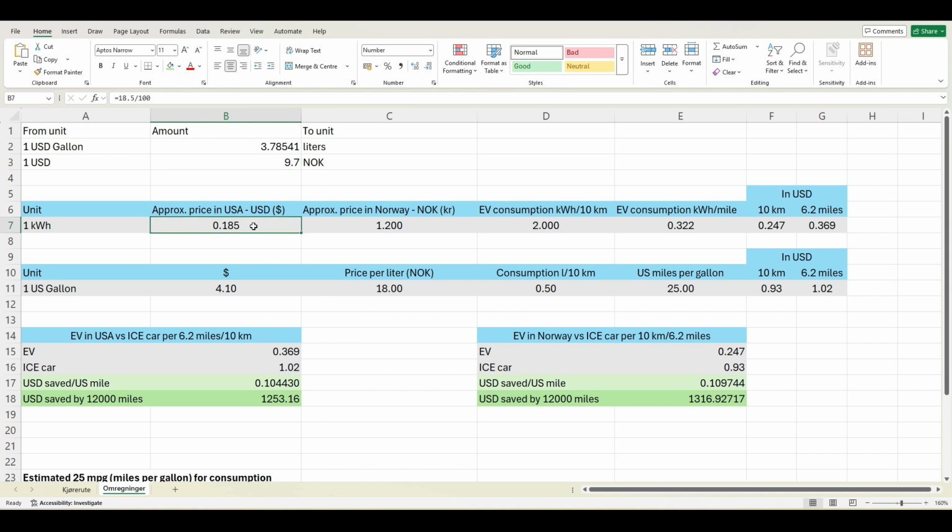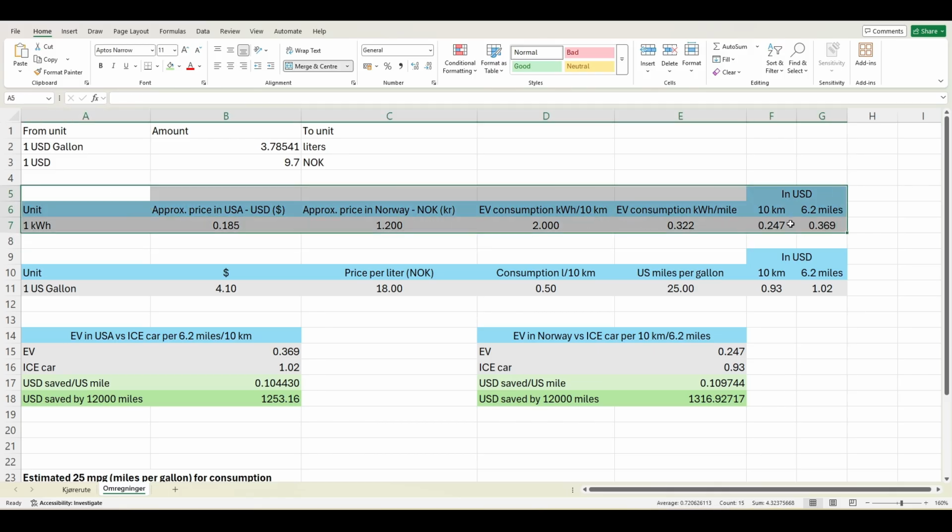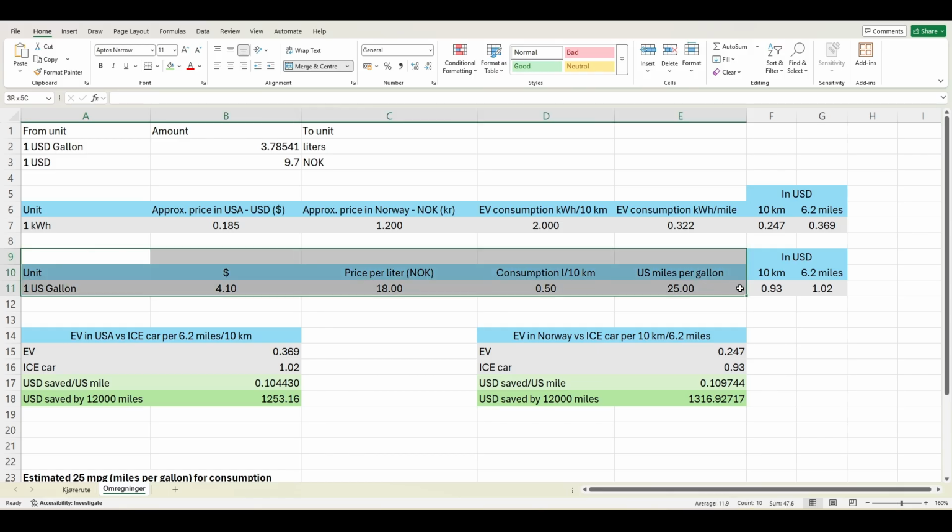So what I did here, first of all, I put the EV stuff in this table, or it's not really a table, but you get the idea. And then I did the same for ICE cars.